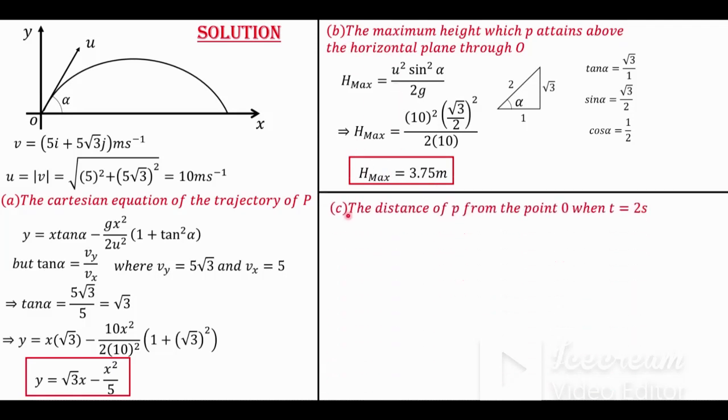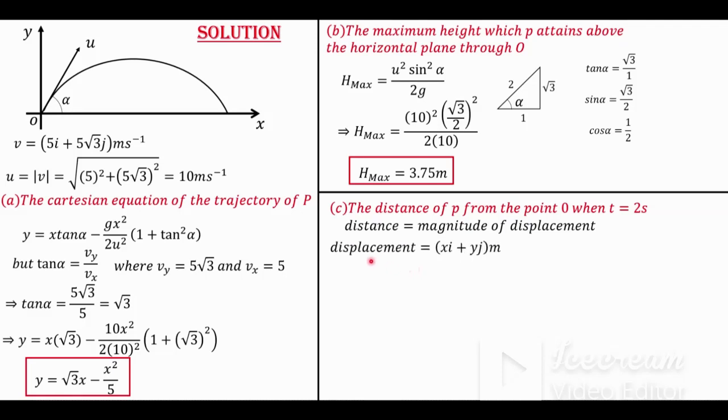Let us move into the C part. We have been asked to get the distance of P from the point O when t equals 2 seconds. We have to note that the distance is simply the magnitude of displacement. So getting the displacement and finding its magnitude, we get the required distance.